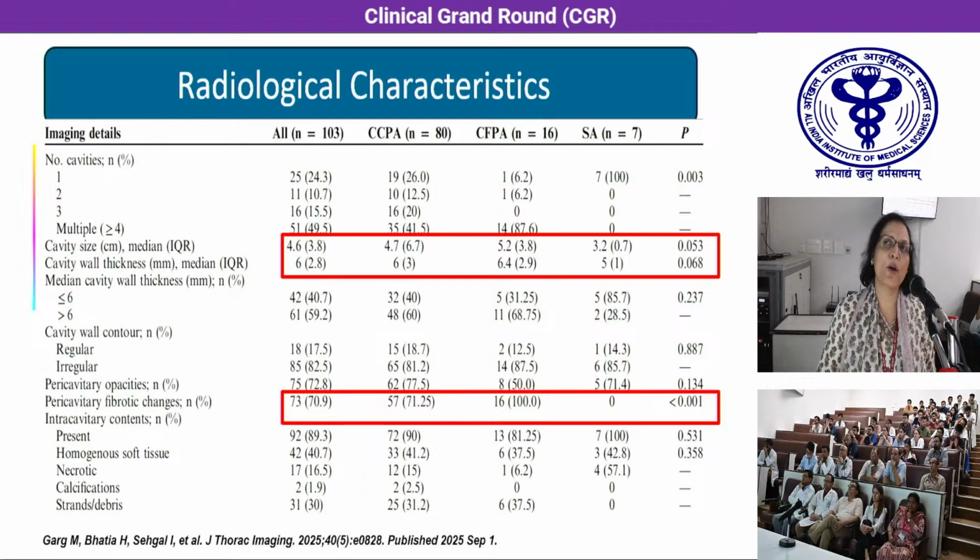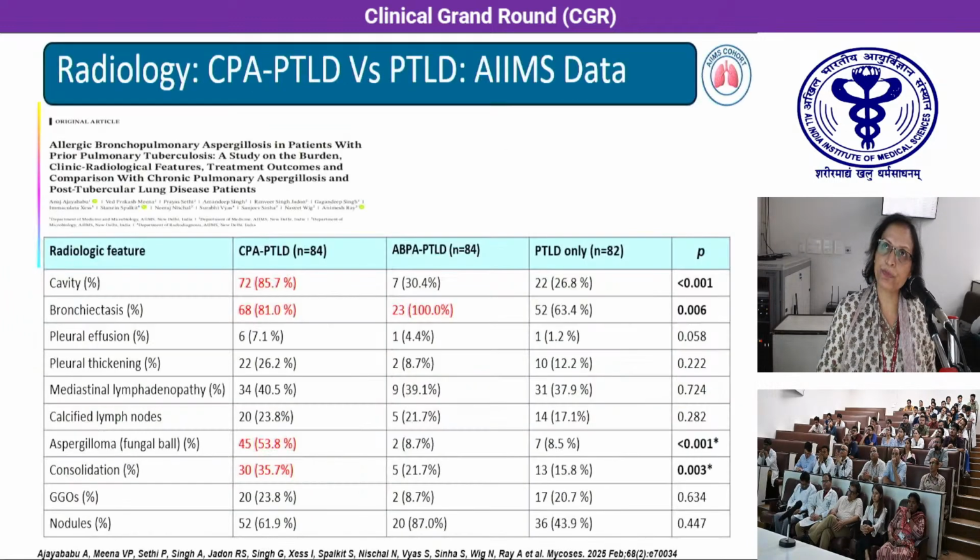Now, these results are from a study done in PGI Chandigarh, where they evaluated 103 patients, and they found that even though the results were not statistically significant, an increase in the cavity size and increased cavity wall thickness was seen in CCPA and CFPA compared with a simple aspergillosis.